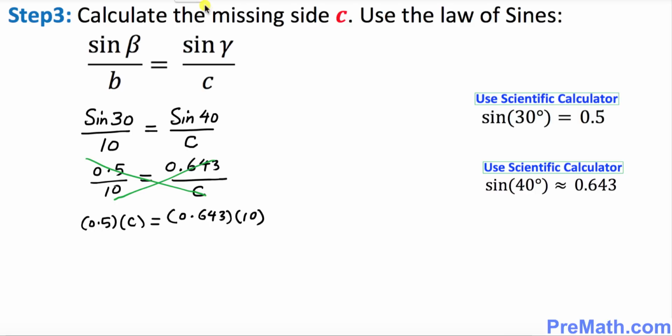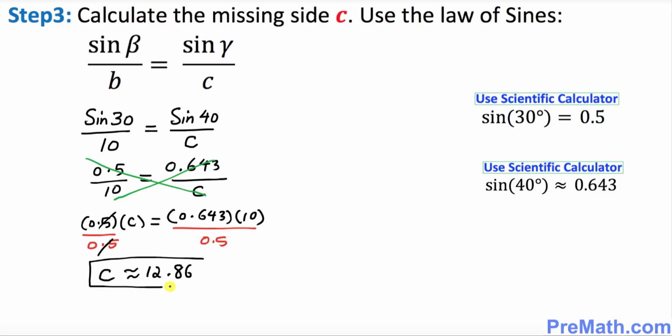I want you to divide both sides by 0.5 to isolate C. So this 0.5 and 0.5 are gone. So C approximately turns out to be, if you multiply and divide, 12.86 units. This is our other missing side.